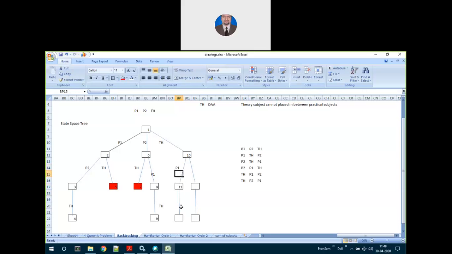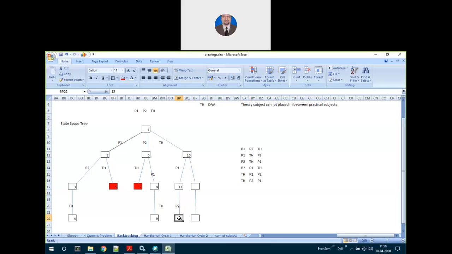Then from 11 I will draw one more node, 12, below 11, and this time slot I will assign to P2. This gives me another solution: node 1, node 10, node 11 and node 12, in which I have TH, P1 and P2 as the subjects in the timetable. Further downwards from 12 I cannot go.